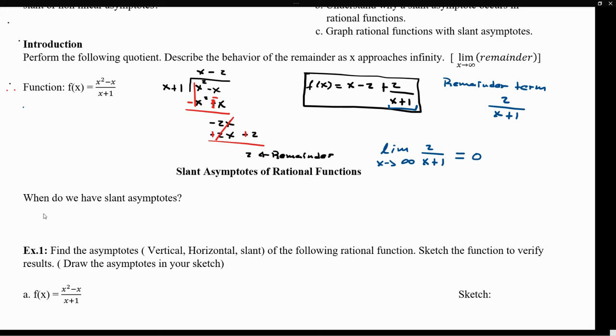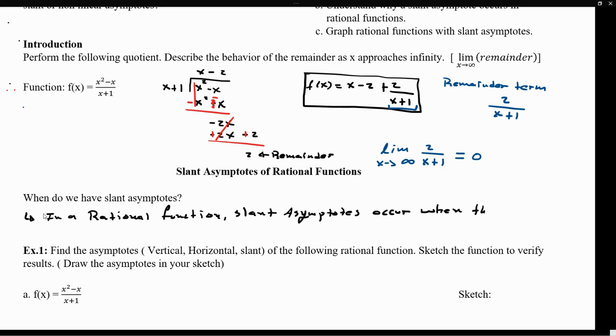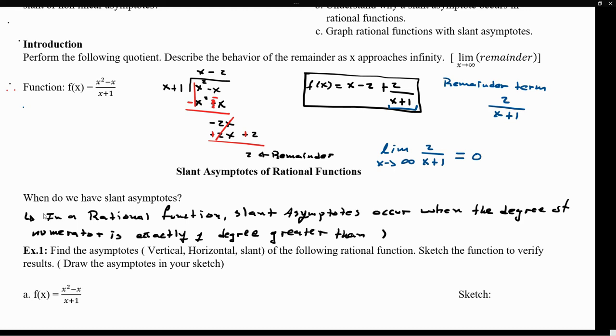Well, in a rational function, slant asymptotes occur when the degree of the numerator is exactly 1 degree greater than the denominator.